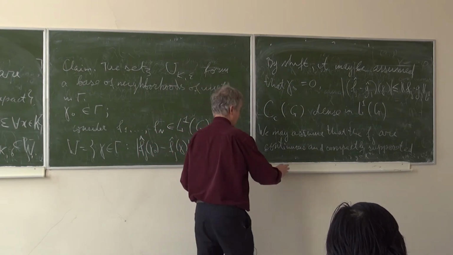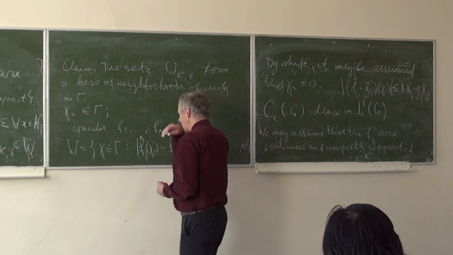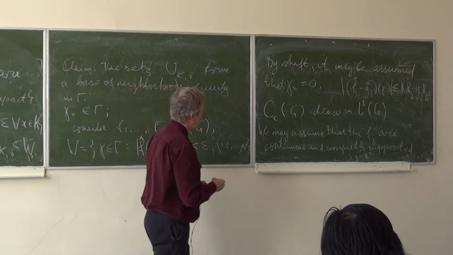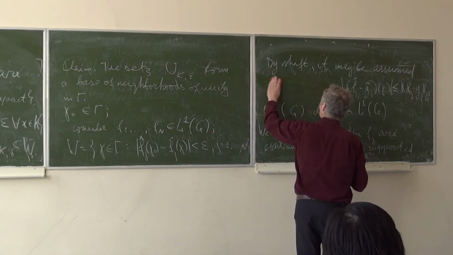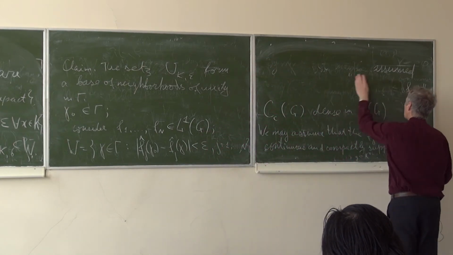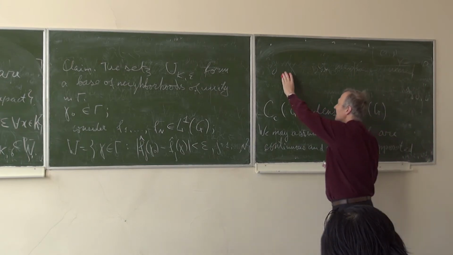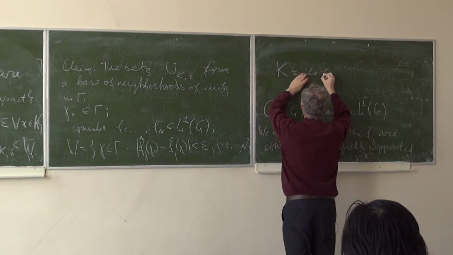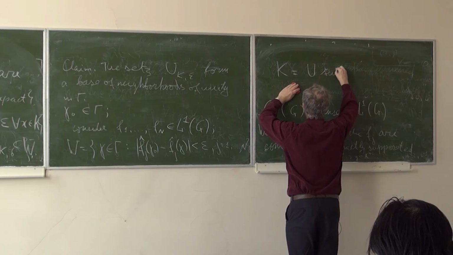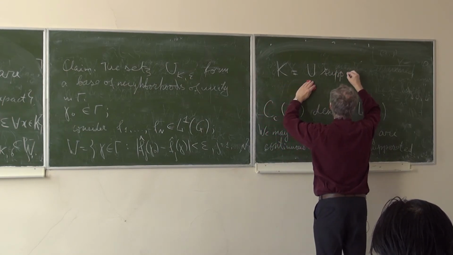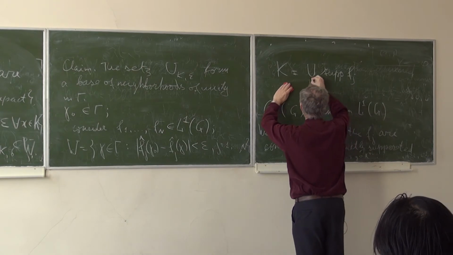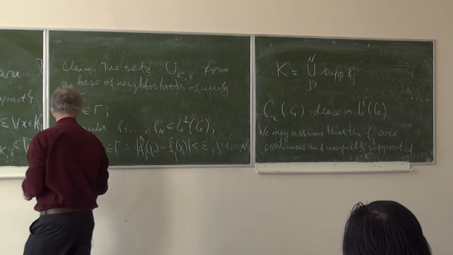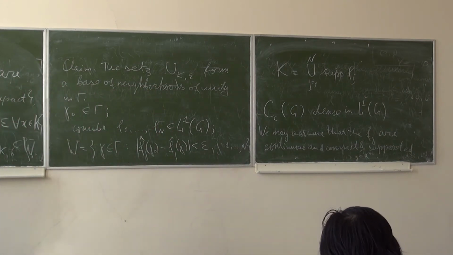So let's assume they are compactly supported and continuous. And let K be the union of their supports, the union of closed supports of the Fj, and this is a compact set.